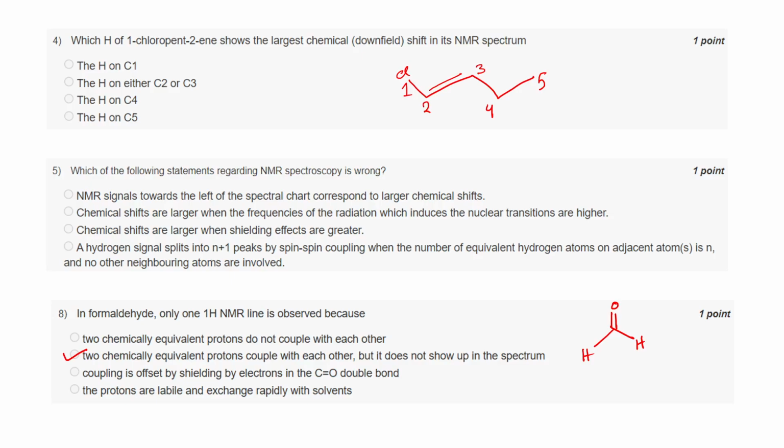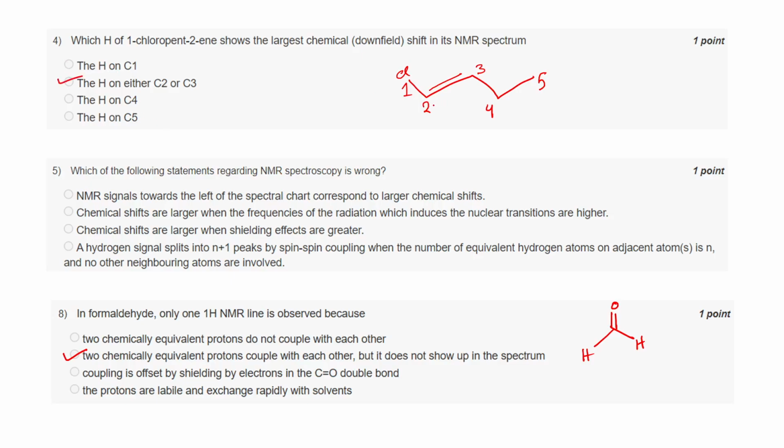Generally, when there is a double bond associated, that proton is again deshielded with respect to the saturated protons. So that's why either C2 or C3, mostly C2.